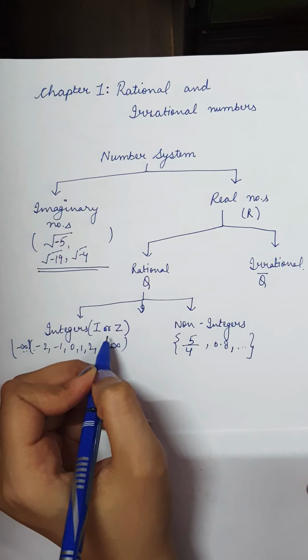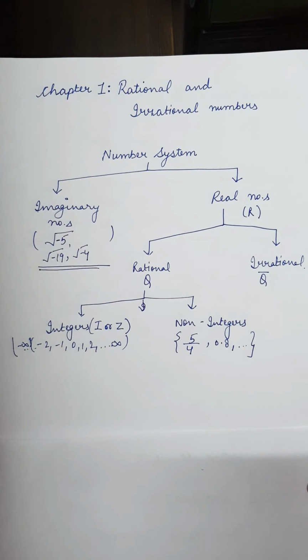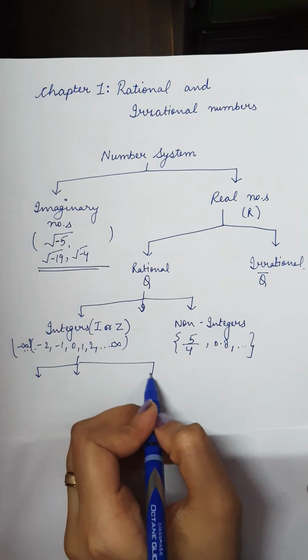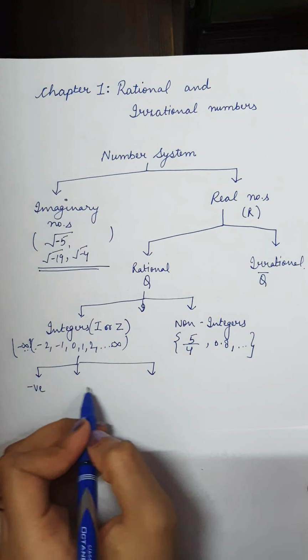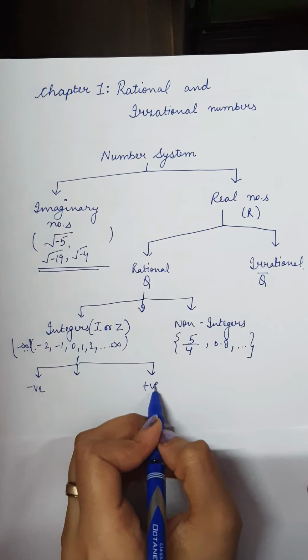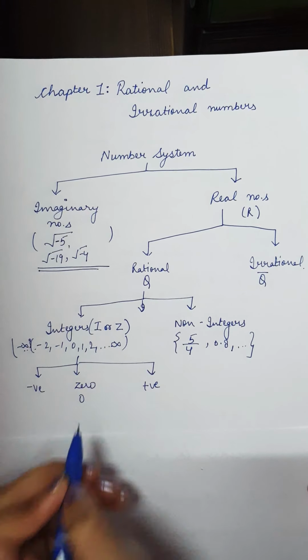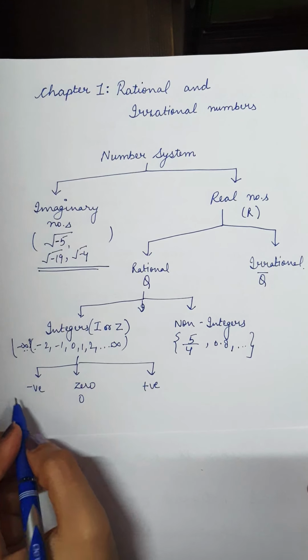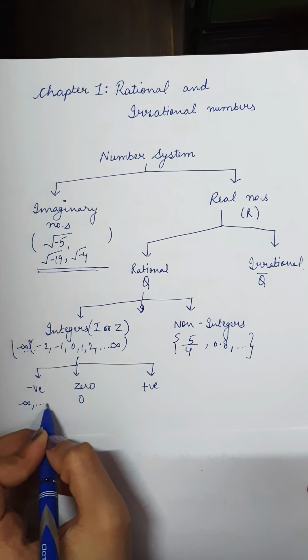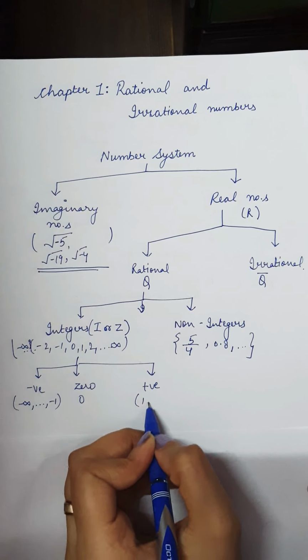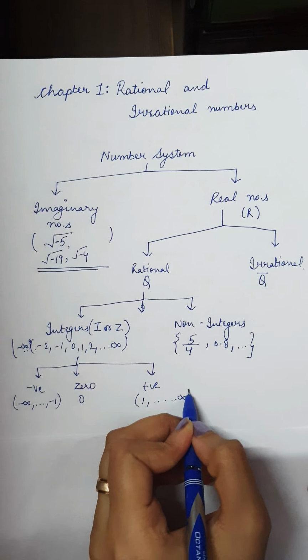Both denote integers. Now integers are further divided: negative, positive and 0. 0, as you all know, single number. Negative integers minus infinity to -1. And positive integers are 1 to infinity.